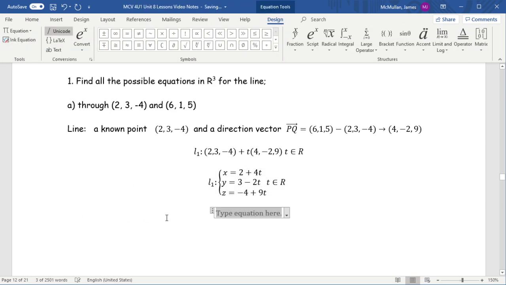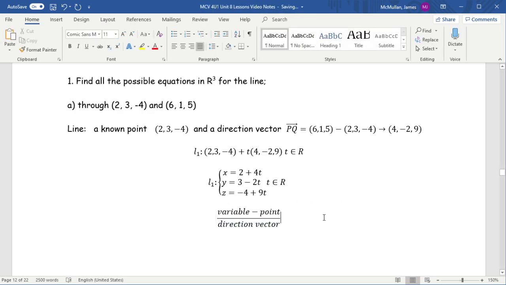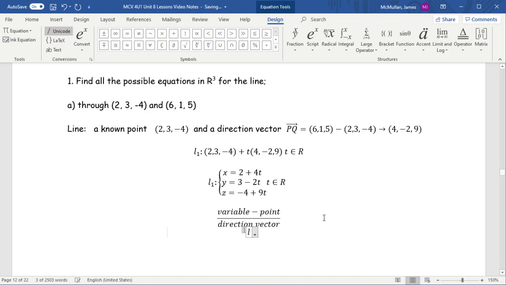Now, the symmetric equation, I always try to remember this. It is the variable minus the point divided by the direction vector. Okay, so to make the symmetric equation, I go L1 t equals.